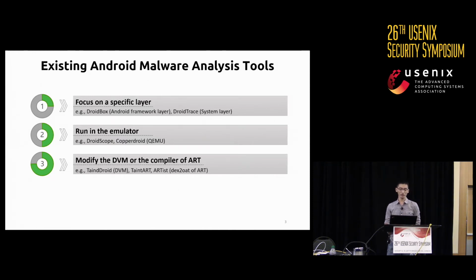For example, TaintDroid is implemented based on the modification of the Android runtime DVM. TaintART and ARTist are implemented through modifying the compiling tool DEX2OAT of the ART runtime. When the Dalvik bytecode of the target app is compiled into native code by DEX2OAT, they insert additional taint propagation instructions into the target app.